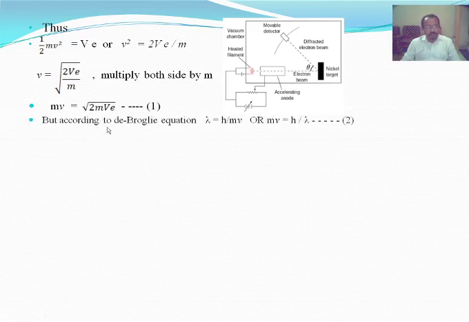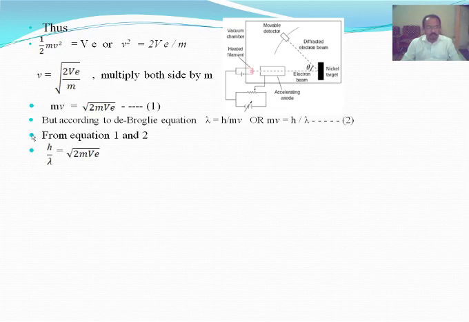But according to the de Broglie's equation, lambda is equal to h upon mv, or rearranged, mv is equal to h upon lambda, equation number 2. Now from equation 1 and 2, put the value of mv in equation 1, we will get h upon lambda is equal to under root 2mVe.